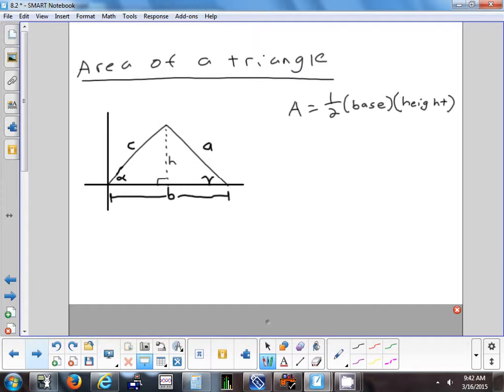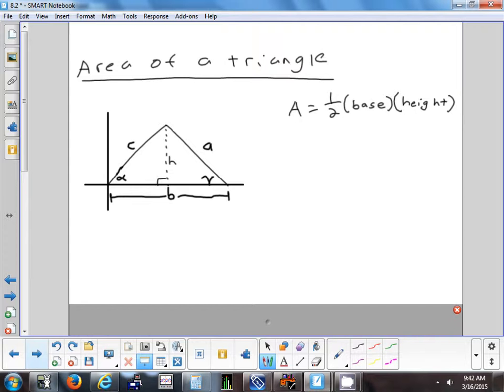All right. So using the law of cosines, we can come up with a formula that gives us the area of a triangle. Now your normal area of a triangle formula is based on doing 1/2 the base times the height, which works great as long as you know the base and you know the height.